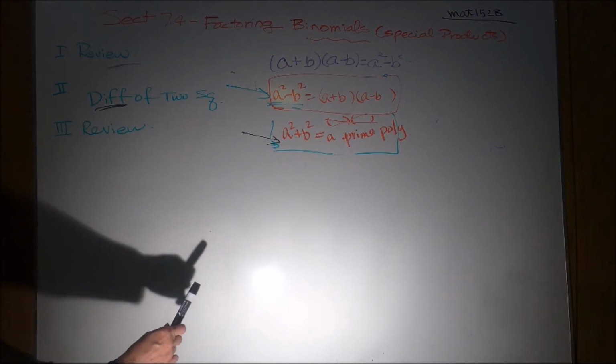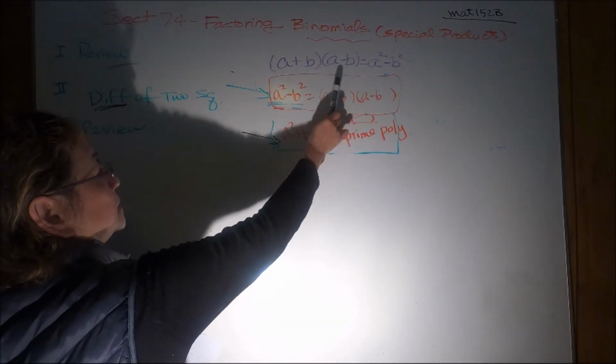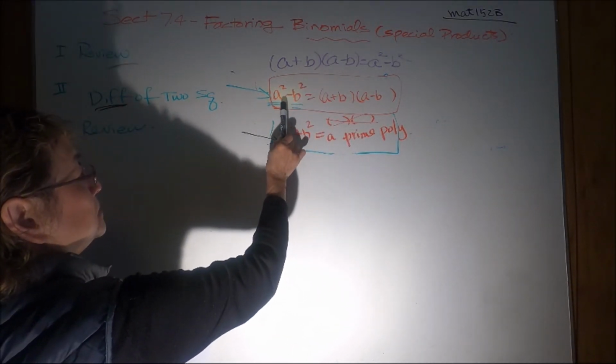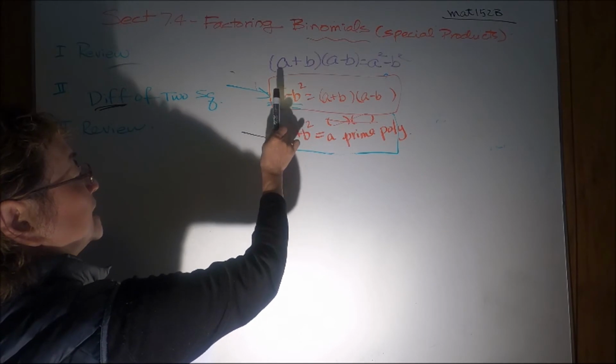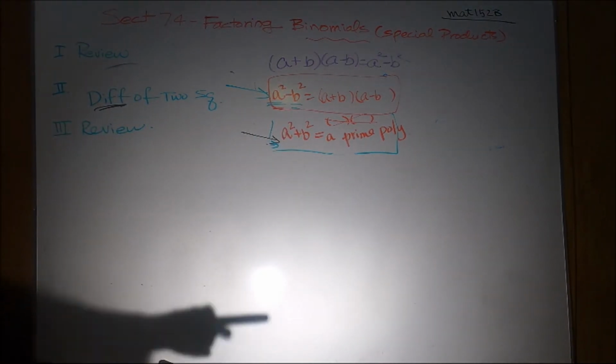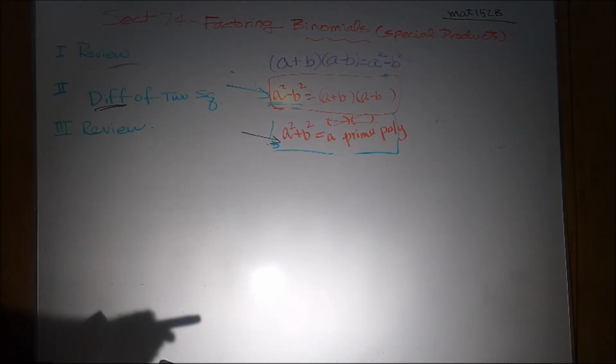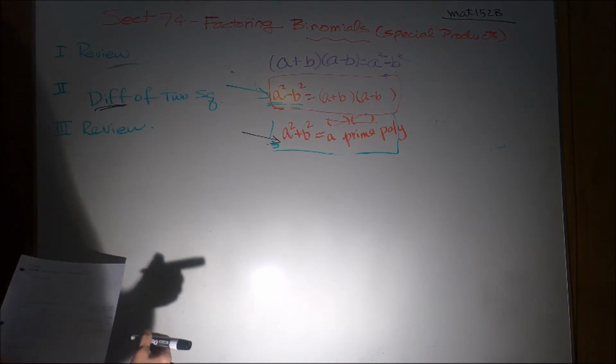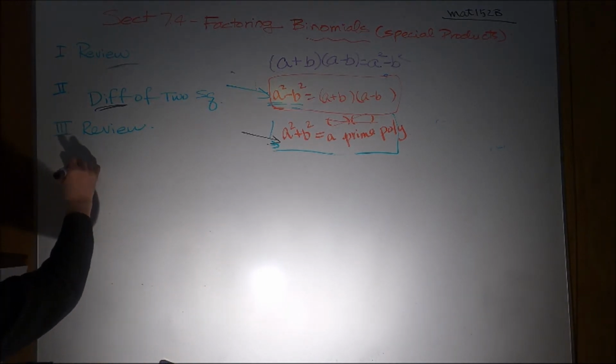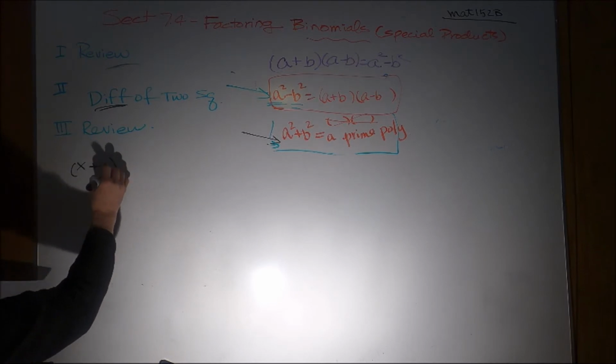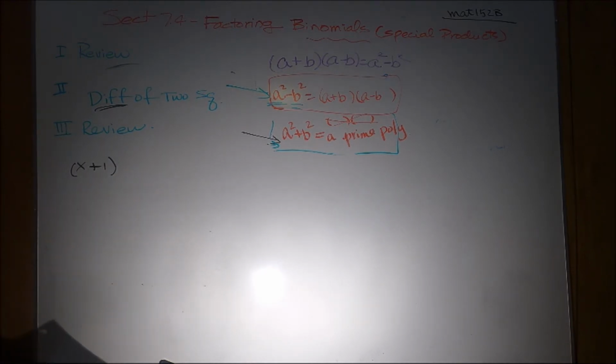We were doing what? Binomial times binomial. It ends up with what? Binomial, 2 terms, because the middle part cancels out. Now, let's see something else. How many terms do I have? 2.